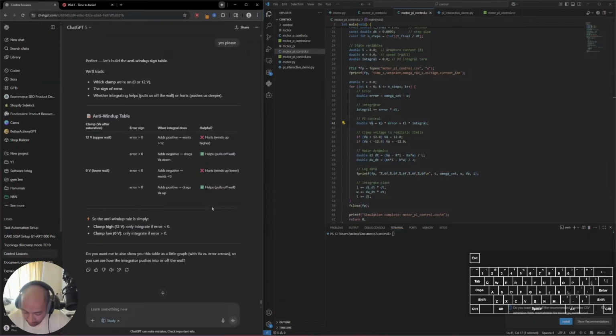If it's greater than 0, that's positive. At 12, error is less than 0, adds negative. Drags V8 down.